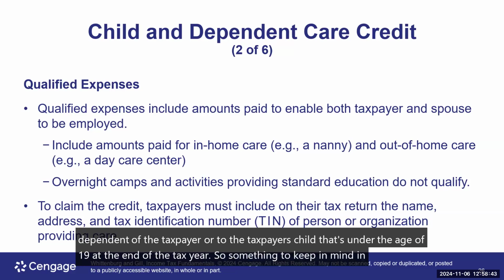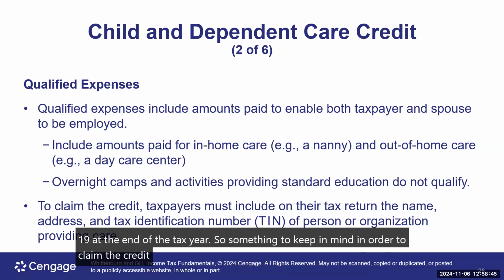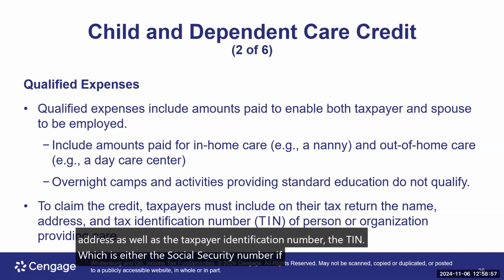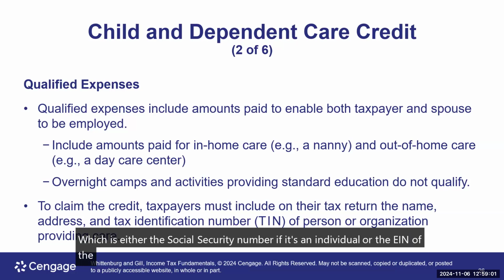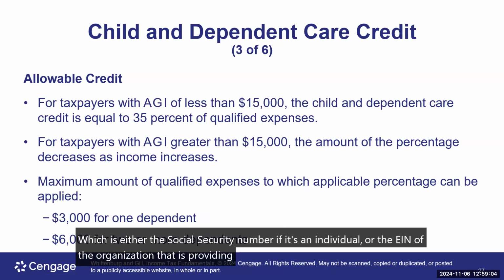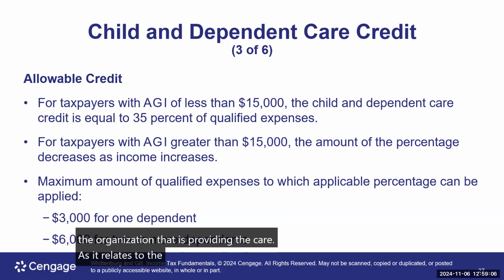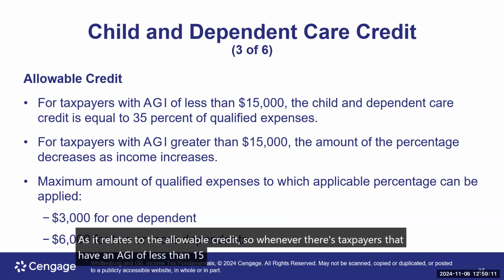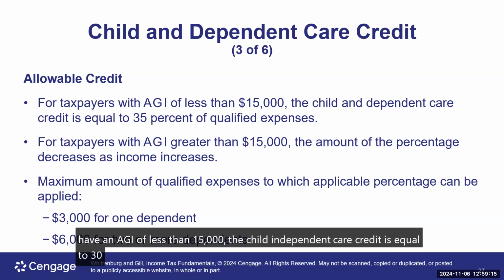In order to claim the credit, the taxpayer must include in their tax return the name, the address, as well as the taxpayer identification number, the TIN, which is either the social security number if it's an individual, or the EIN of the organization that is providing the care. As it relates to the allowable credit, whenever taxpayers have an AGI of less than $15,000, the child and dependent care credit is equal to 35% of qualified expenses.